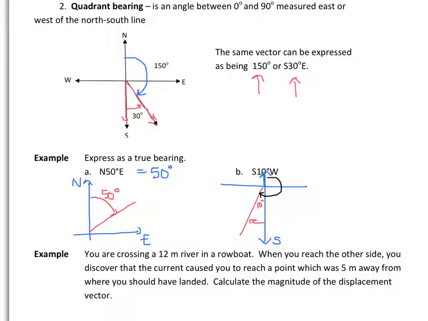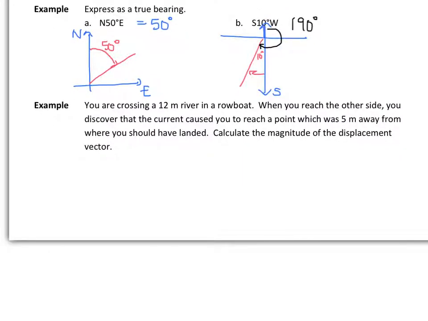And that angle would be 190 degrees. So basically it would take 180 degrees to get to due south, and then another 10 degrees would take you to 190 degrees. Let's see if we can make that a little bit clearer. Okay, so true bearing and quadrant bearing, both we need to be familiar with for our vector application questions.